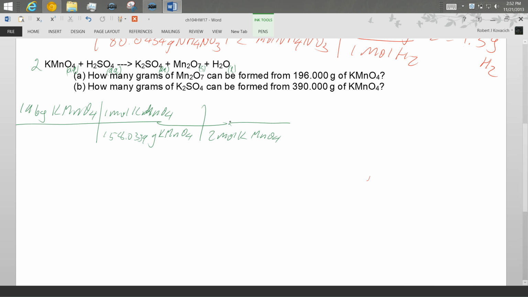No, that's wrong. That's a 1 right there. And then I've got 2 KMnO4. Oh no, what am I doing? Two. 1.